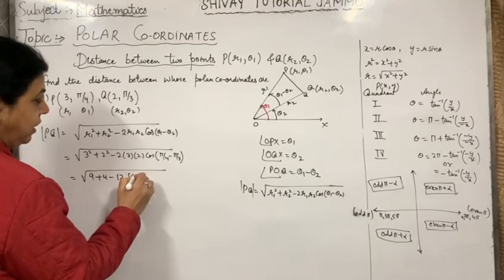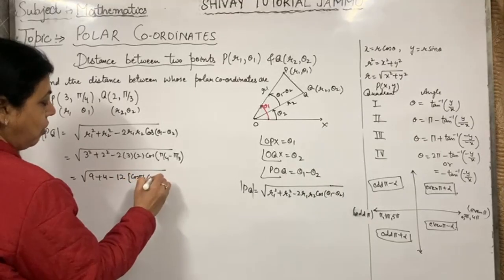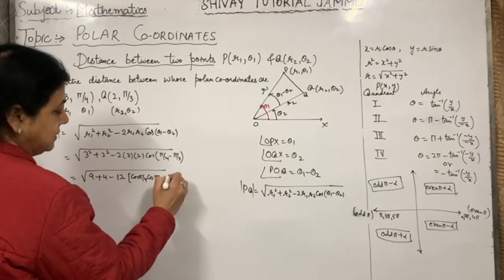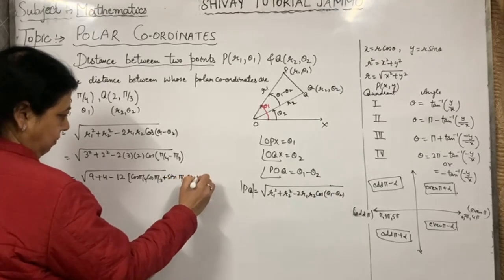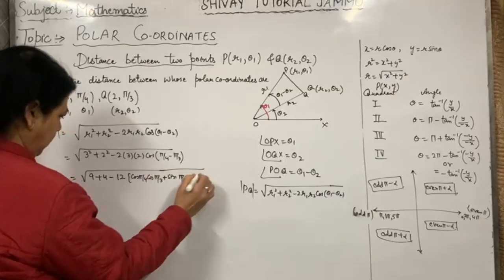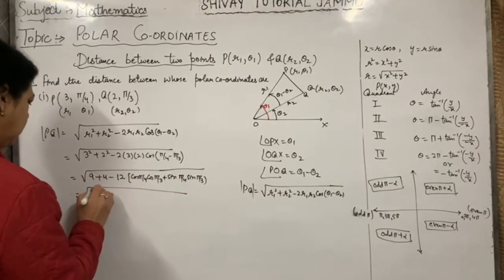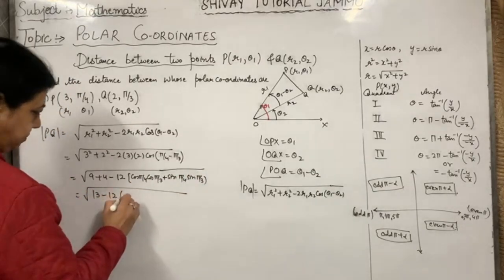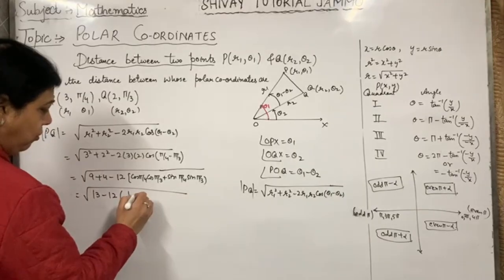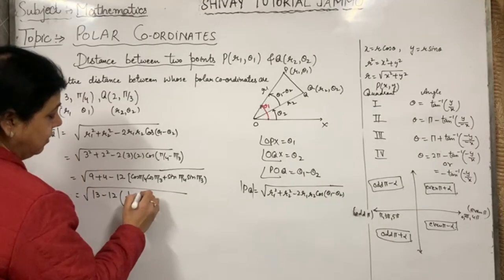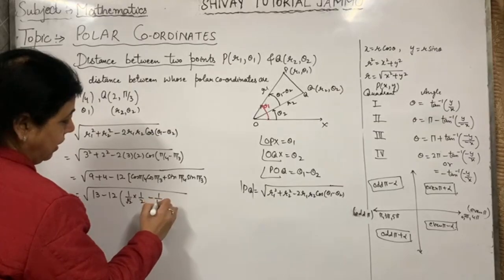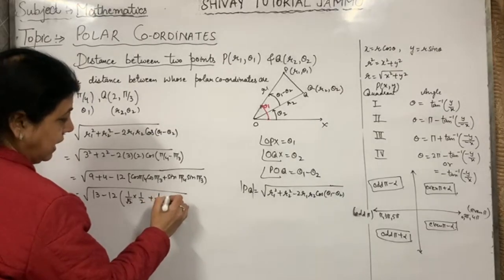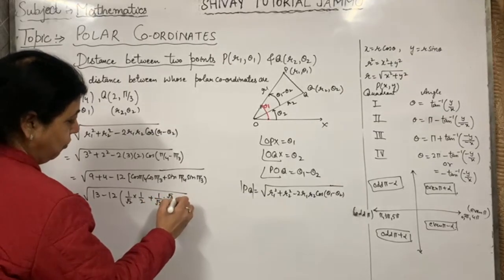We will use the identity cos A cos B plus sin A sin B. Then it will be 13 minus 12 [1 by root 2 cos 60, 1 by 2, sin 45, 1 by root 2 and sin 60, root 3 by 2].